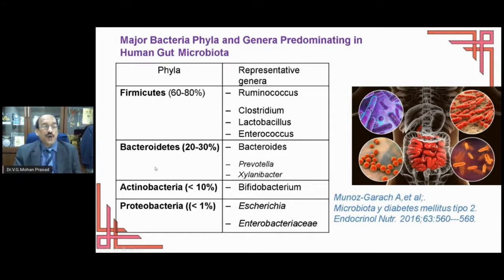You have Bacteroidetes species, 20 to 30%. So Bacteroides, and then Prevotella and Xylanibacter. You have Actinobacteria, less than 10%, and one of the important bacteria used in all probiotics is Bifidobacterium, which is an Actinobacterium. And then you have the Proteobacteria, which is Escherichia coli, and then Enterobacteriaceae. All these are the Proteobacteria.